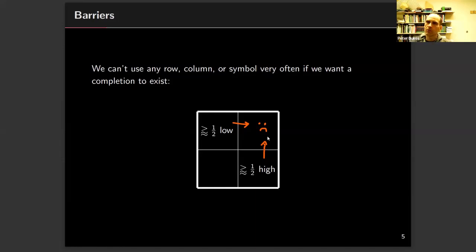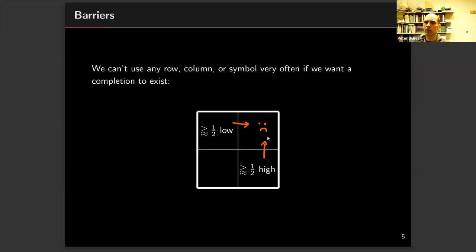So yeah, maybe you still don't want to use any row, column, or symbol that often, where maybe up to a quarter. Notice that, say, the first row of this array could be only slightly more than a quarter filled with the low symbols. And likewise, a column over on the right is only about slightly more than a quarter filled.